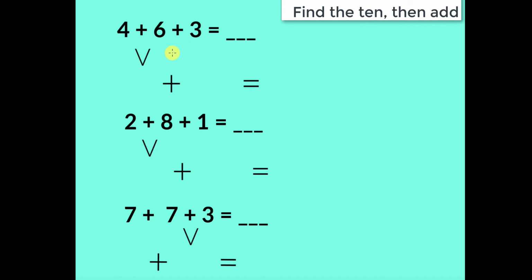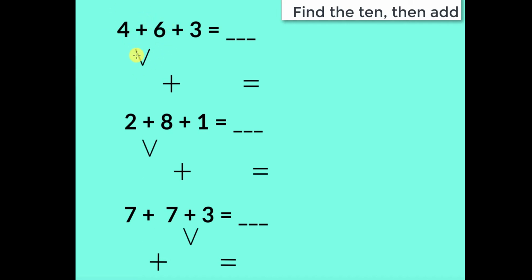So you can say, okay, I always start here. If I add these two numbers, I ask myself the question, do these two numbers make 10? Or do these two numbers make 10? So right here, the bracket is already here, or the pointer, so you already know that the 4 plus 6 equals 10. So the very first thing you're going to do is find the 10.